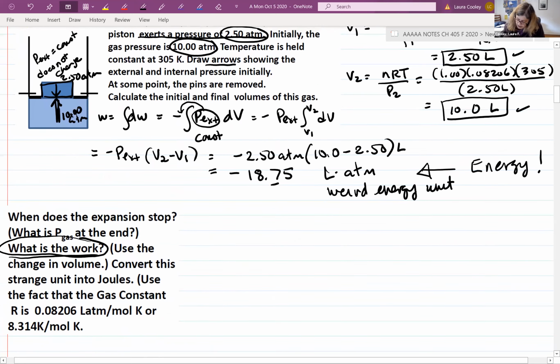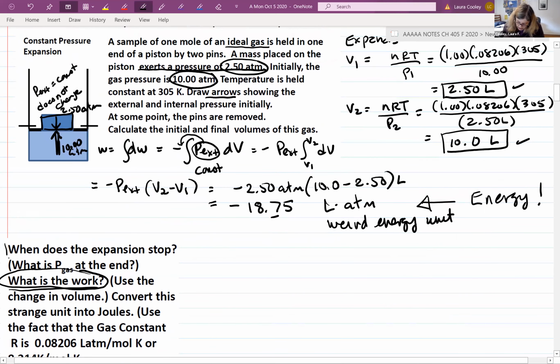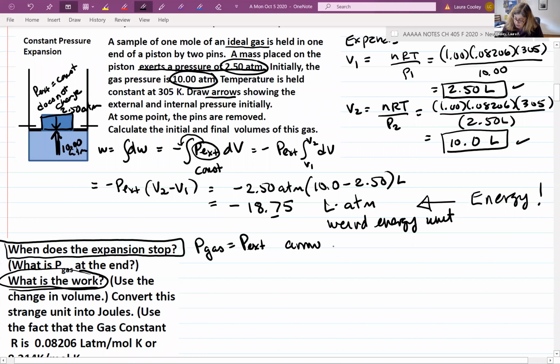So I sort of skipped over this question: when does the expansion stop? It stops when the gas pressure is equal to the external pressure. So it stops when the inner arrow becomes as small as the outer arrow. We call that mechanical equilibrium.